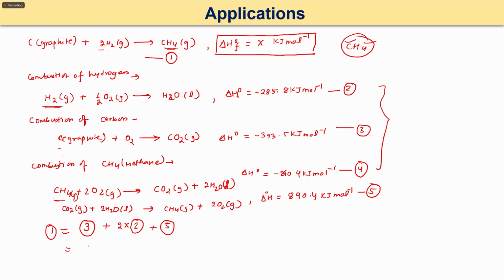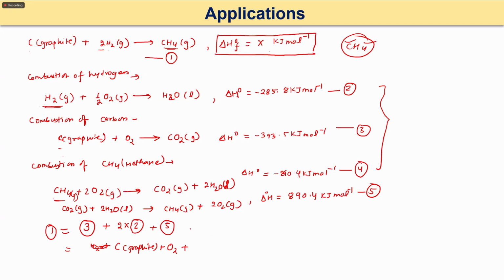Equation 3 is C graphite plus O2, plus twice of equation 2.